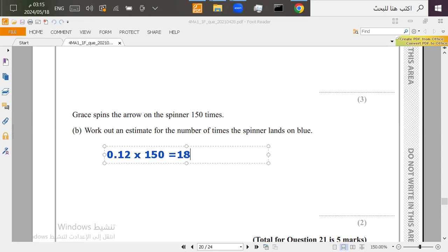So the estimate of the number of times the spinner lands on blue is going to be 18 times. I took the probability of blue multiplied by the number of times the spinner was spun, and I get 18, which is the estimate of the number of times it will land on blue. Now let's move on to the next question.